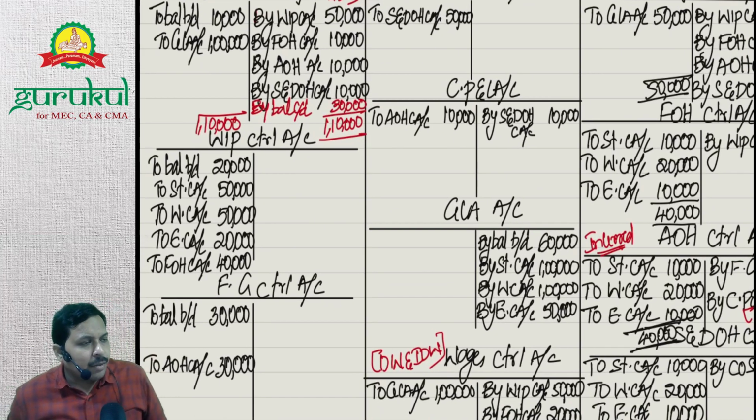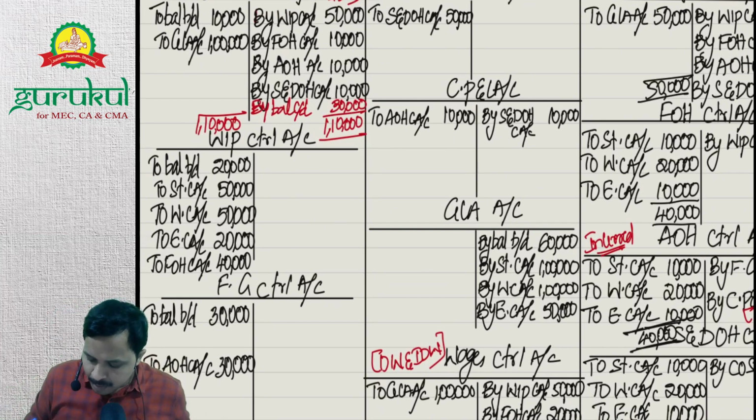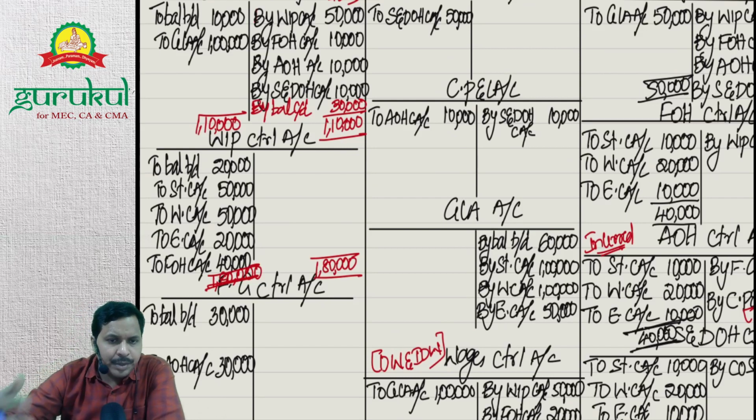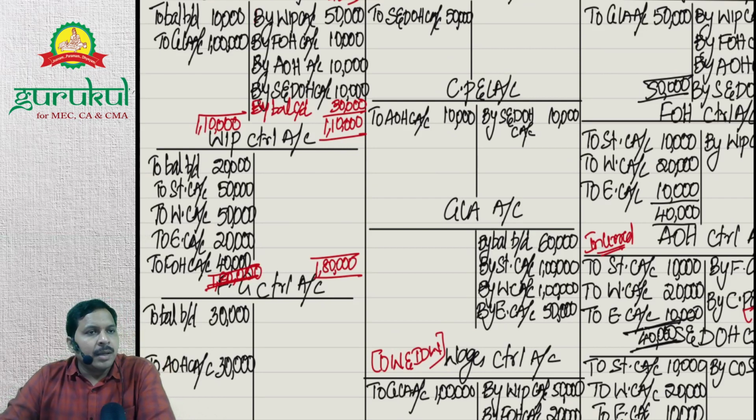Next, similarly for work in progress. Total of debits is 1,80,000. Now, there is no credit entry here, so we should discuss here.